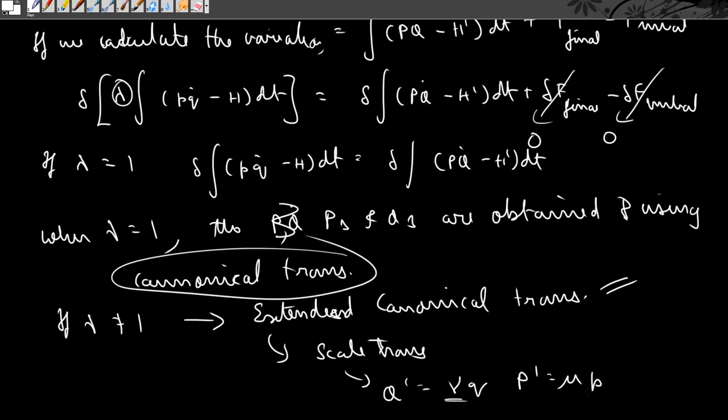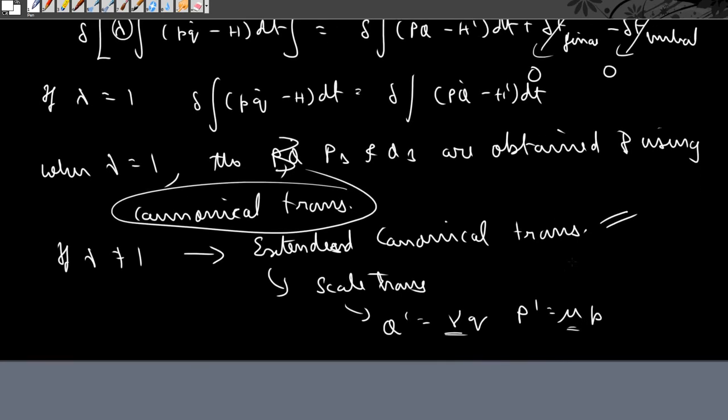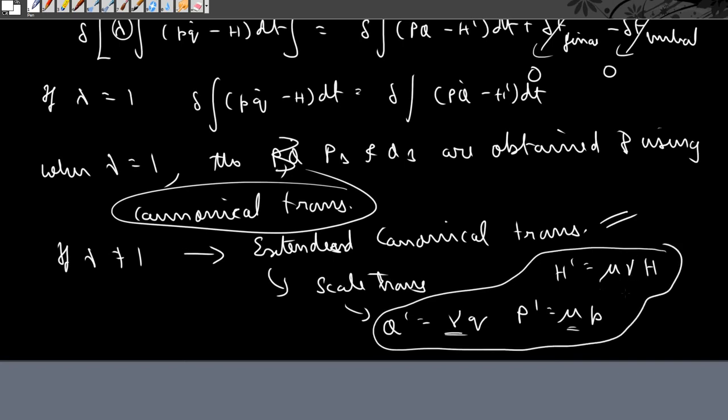So basically we are scaling it, and when we do this, the new Hamiltonian H dash will be nothing but mu times mu into the old Hamiltonian. Well, I'm not going to go into the details of this, and this particular quantity will be equal to lambda. So this extended canonical transformation is going to be a scale transformation followed by a canonical transformation.